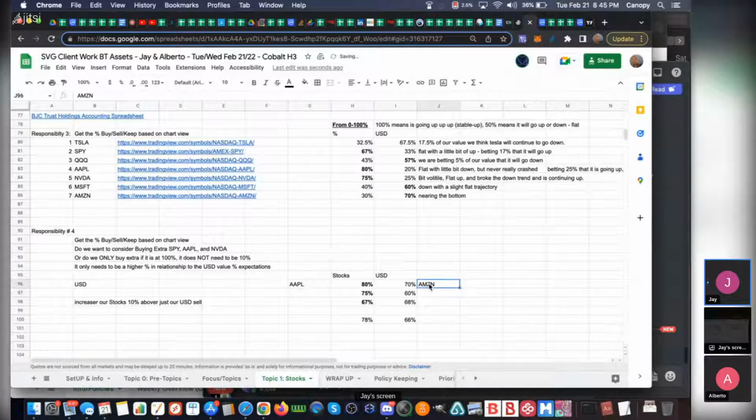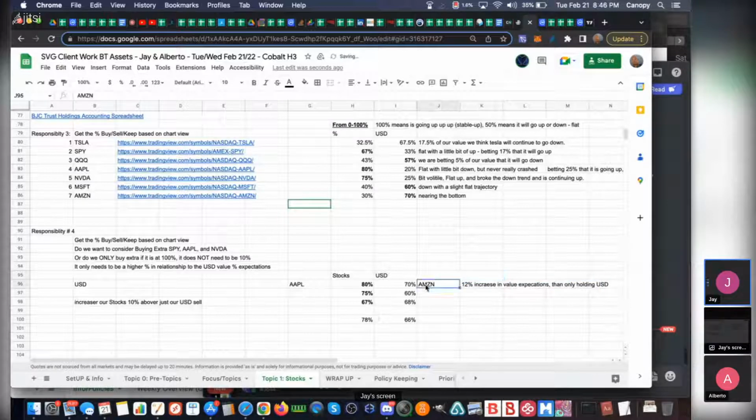If we turn our Amazon stock into Apple stock instead of US dollars, we're increasing our total value trajectory by almost 4%. No, 8%. It's 8% plus 4%, so it's actually a 12% increase. So this would give us a 12% increase in value expectations over only holding US dollar.